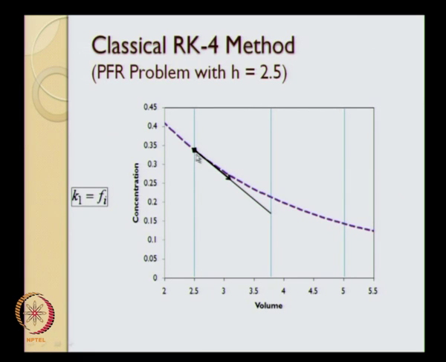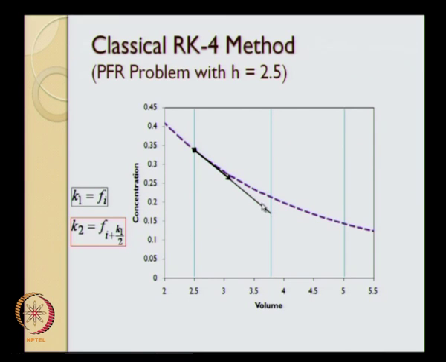And then we project along this slope up to the midpoint to compute our K2. Keep in mind K2 was computed at f of ti plus h by 2 for time and yi plus K1 h by 2 for yi.